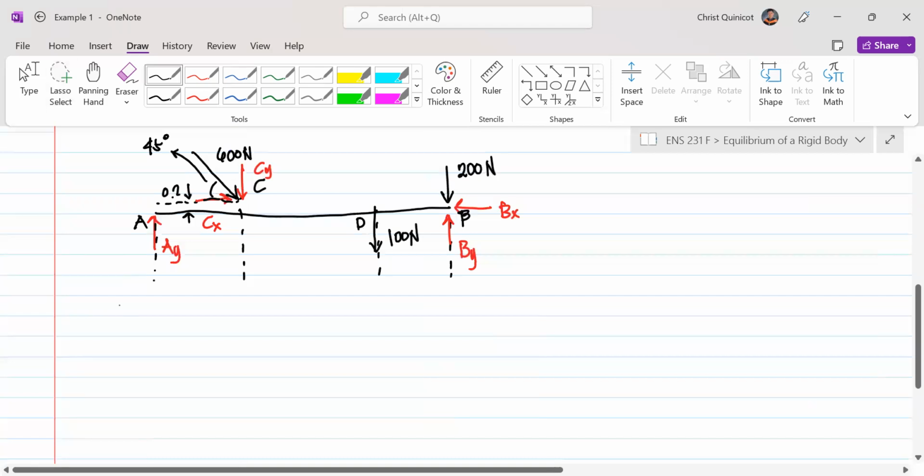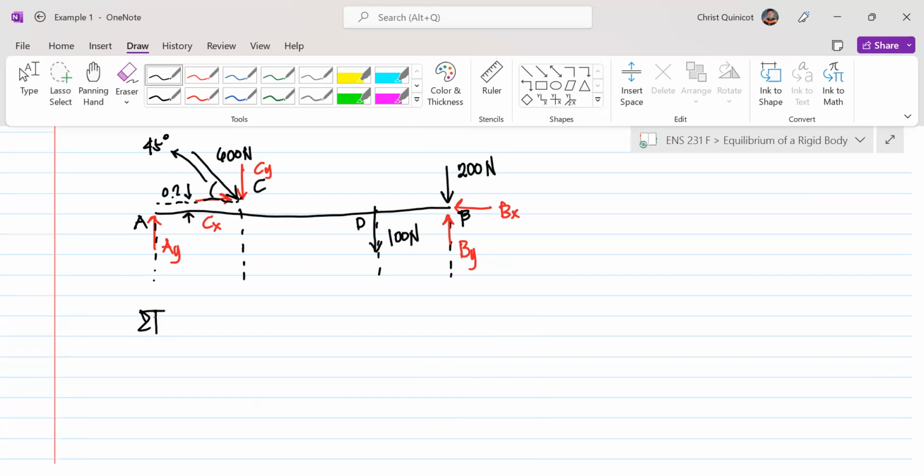Now we have learned that we have three equilibrium equations: summation of forces x is equal to 0, summation of forces y is equal to 0, and summation of moment at a certain point is equal to 0.